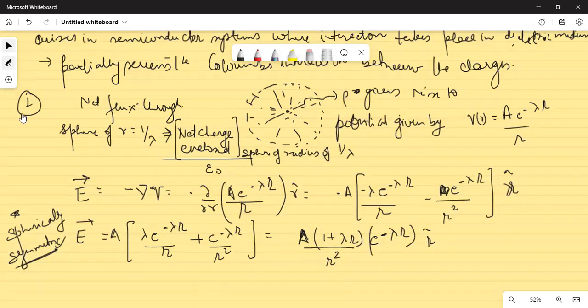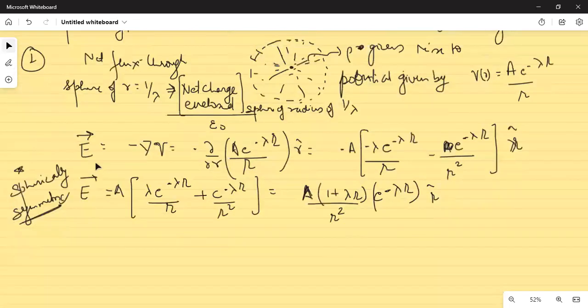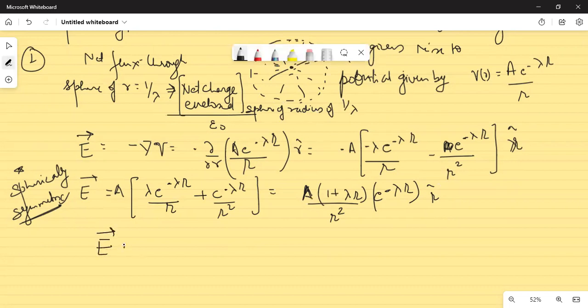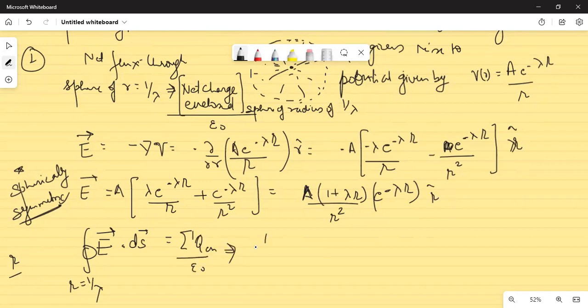Now let us move further and try to find the flux due to this electric field within a sphere of radius 1 by lambda. So this will be E dot dS, over this particular sphere of radius r equals 1 upon lambda. This will give you the net charge enclosed divided by epsilon naught, and that will be the integral of A (1 plus lambda r) e to the power minus lambda r, r cap dot r cap.